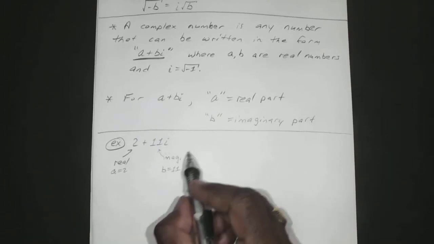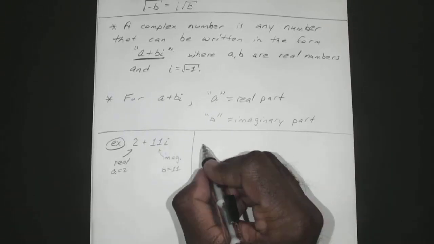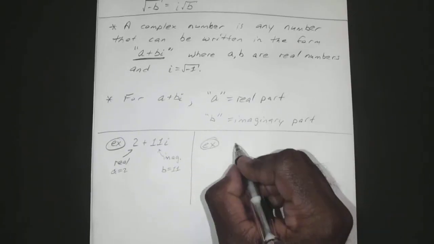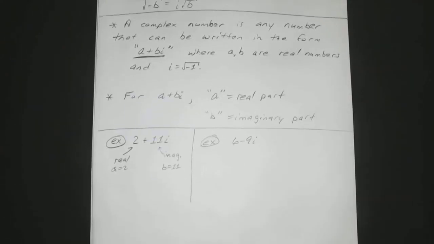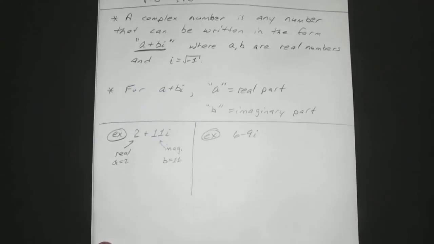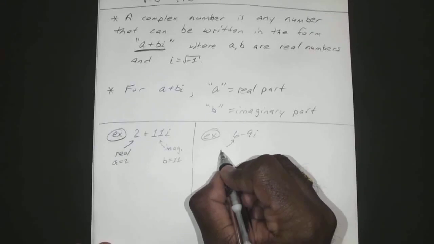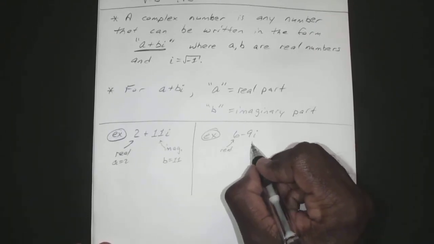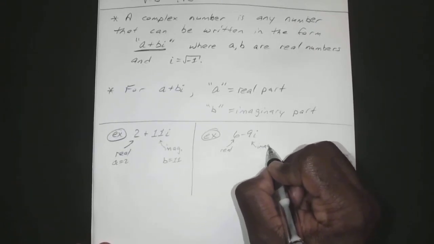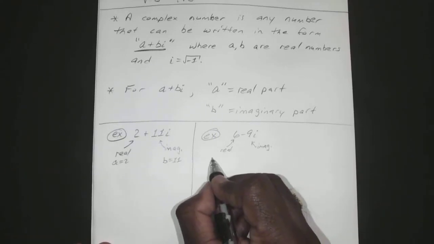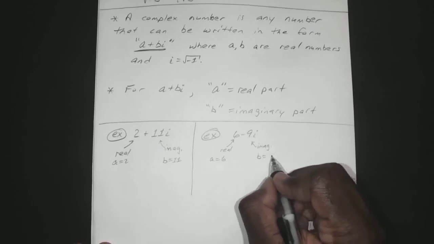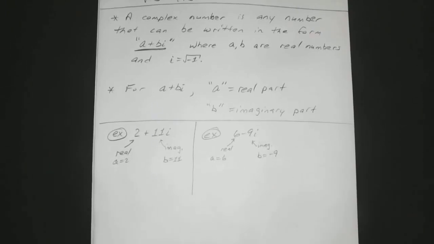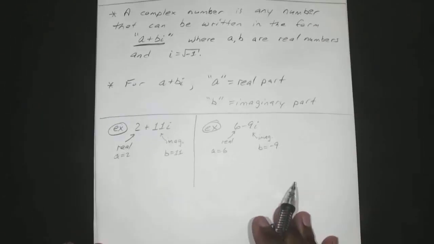Okay. Or let's say you had 6 minus 9i. This is your real part. This is your imaginary part, where your a is equal to 6 and your b is equal to -9. Okay.